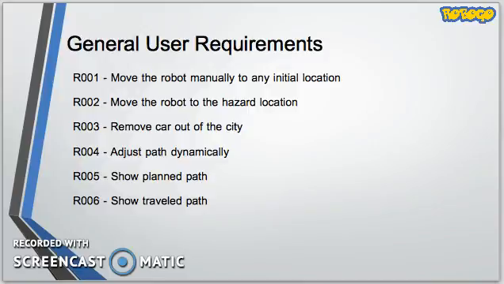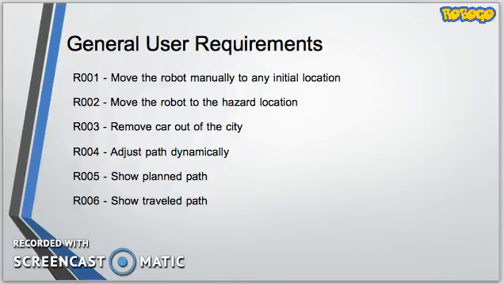Second one is to move the robot to the hazard location, which means the robot is able to find the best path and move itself to the location of the object.